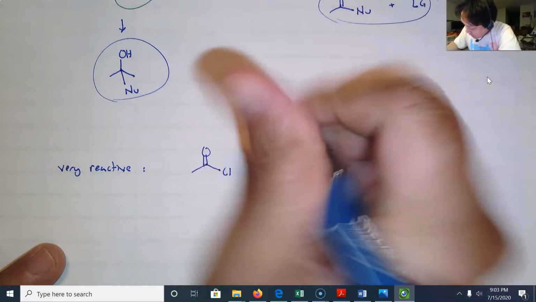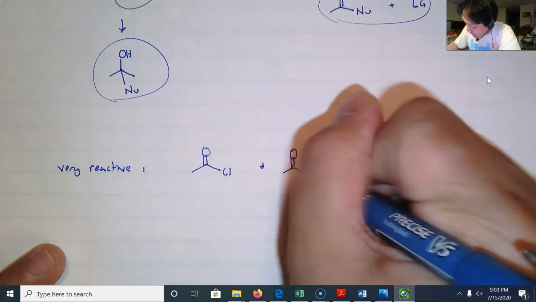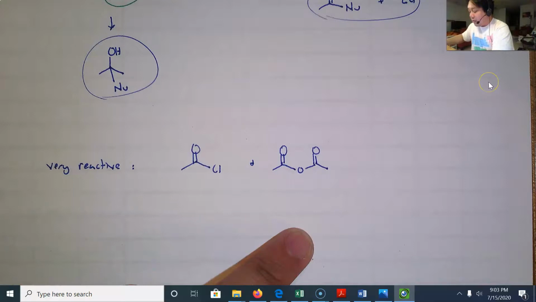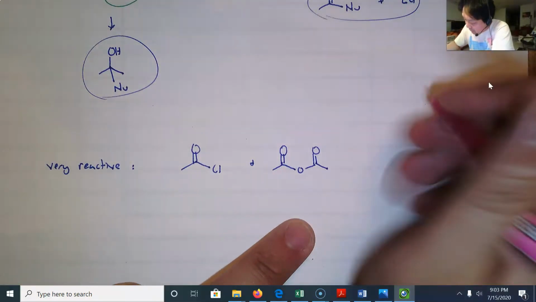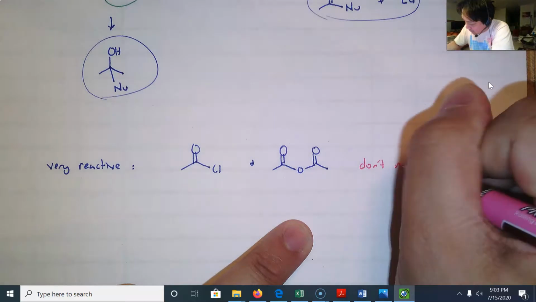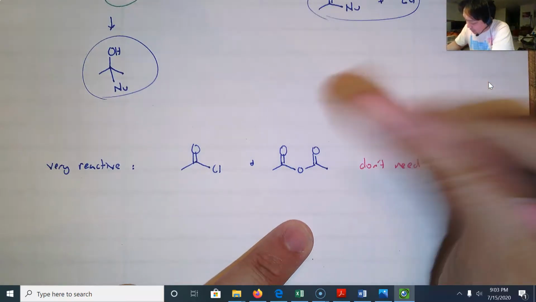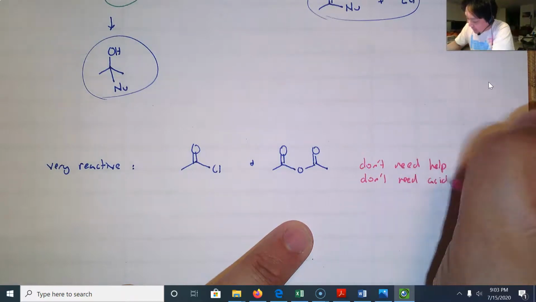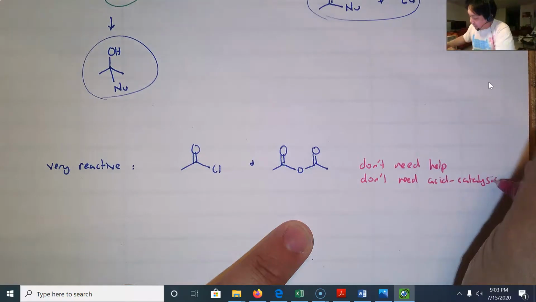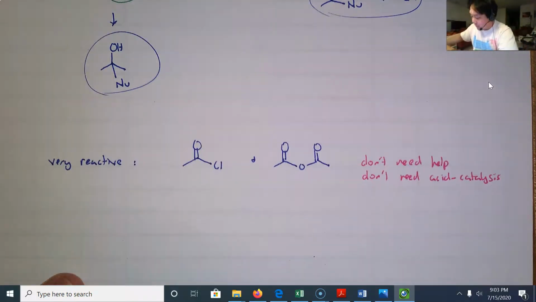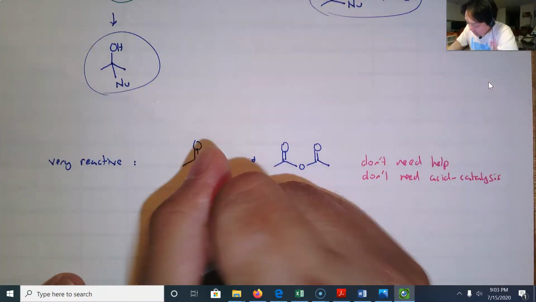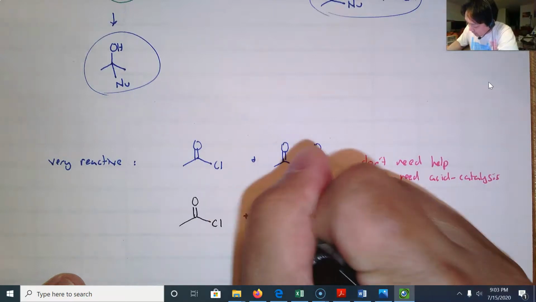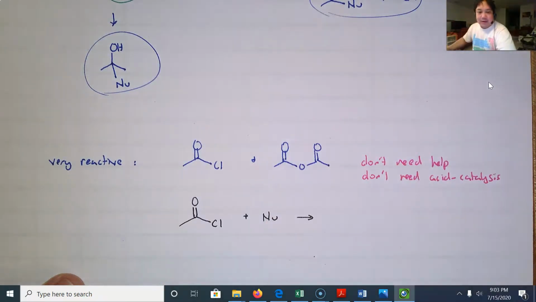When you're very reactive, you don't need help, in particular, acid catalysis. So in your reaction, we'll use acid chloride, you'll have a nucleophile, and you'll do the attack.